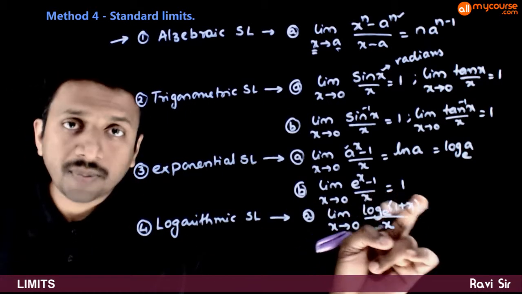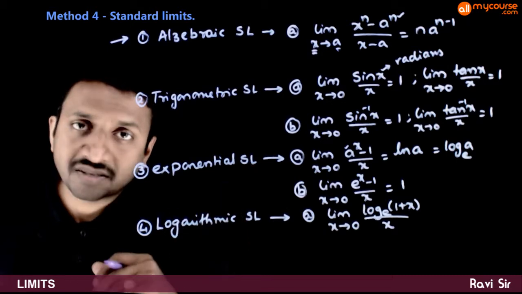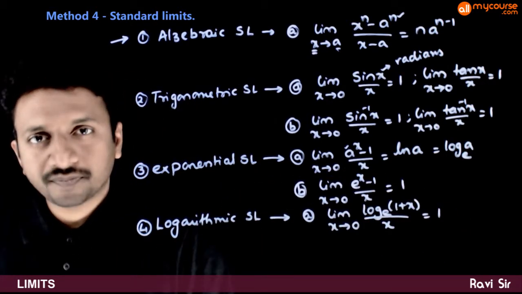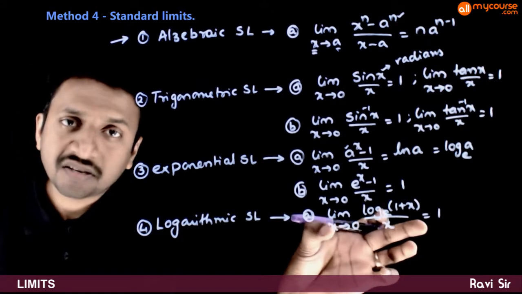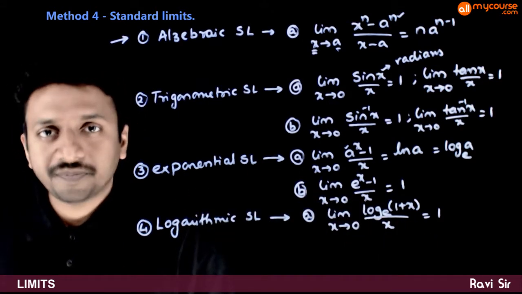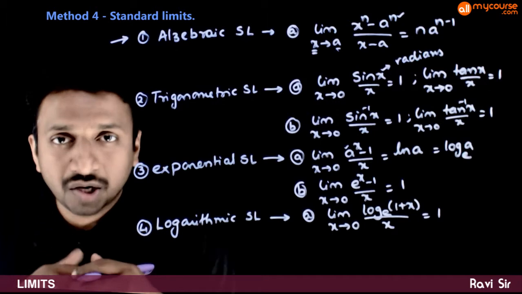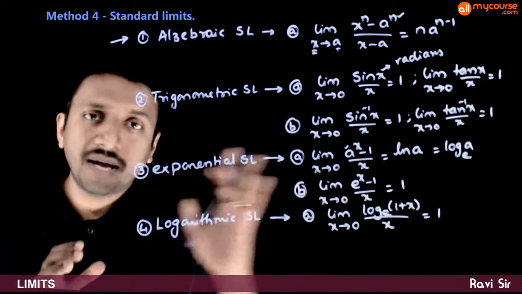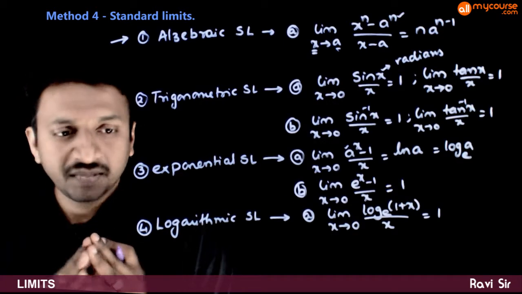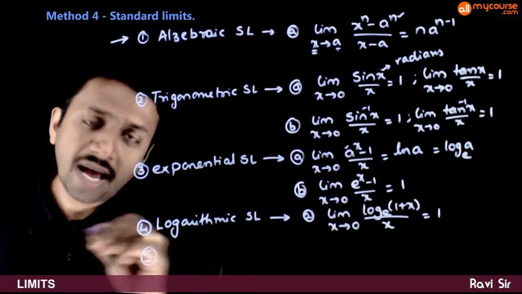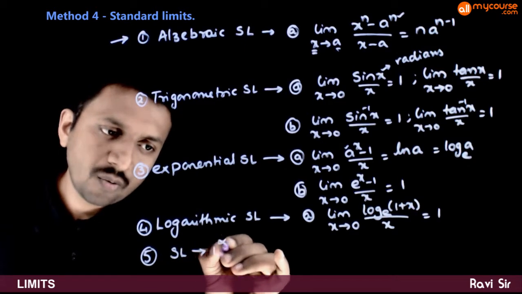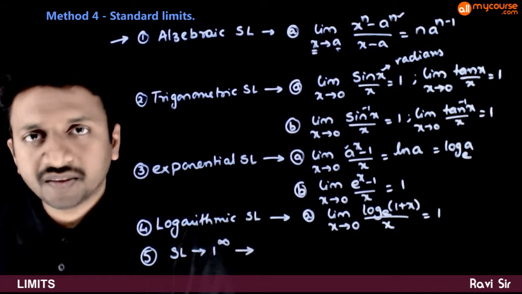So log 1 plus x to the base e by x as x tends to 0 is equal to 1. So this is the logarithmic standard limit. Whenever you have a limits question in which logarithmic terms are there, you can try to use this formula.